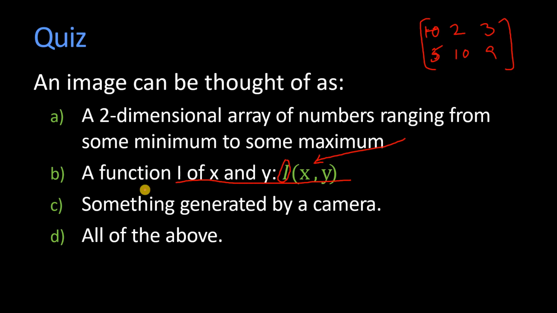So an image can also be written as this option. And an image is also something that is generated by the camera. So overall the correct answer is D, that all of them are true. Clear? So you can write an image in mathematical form like this, I of x, y. It is generated by a camera, and it is also similar to matrices.